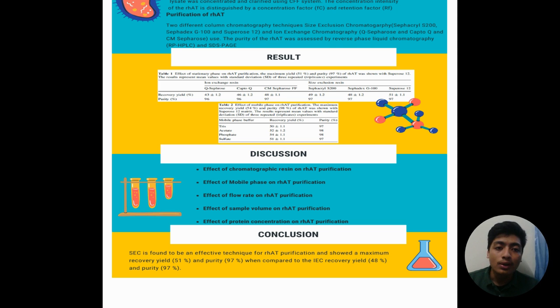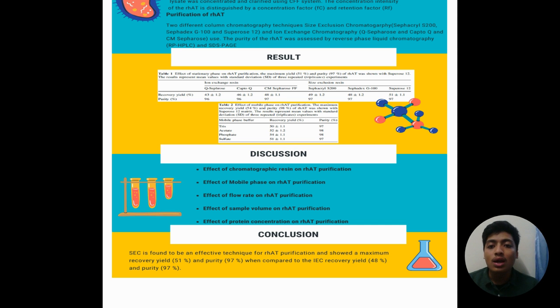From the above analysis, it was concluded that phosphate buffer achieved the highest recovery yield, 54%, with 98.8% purity. The lowest recovery yield, 50%, was achieved with the Tris buffer with 97% purity. However, acetate and sulfate are next to the phosphate, with recovery yields of 52 and 51% respectively.